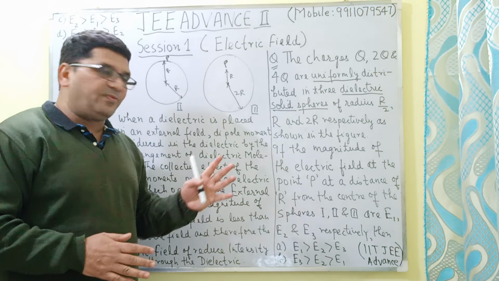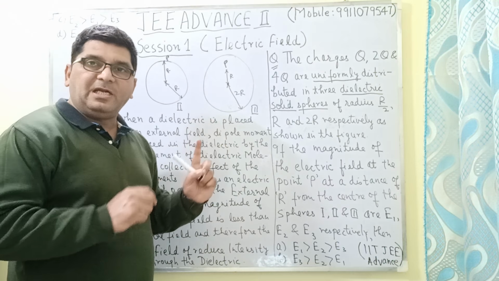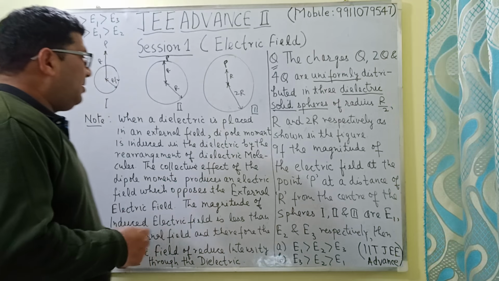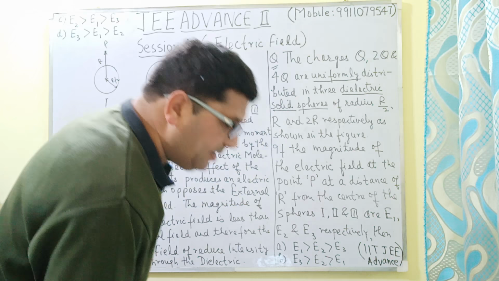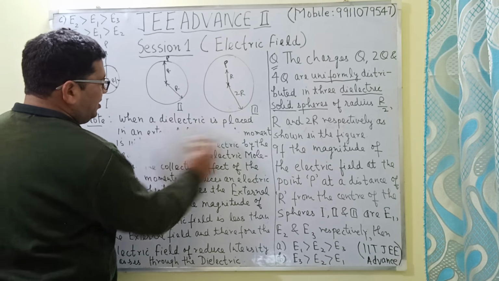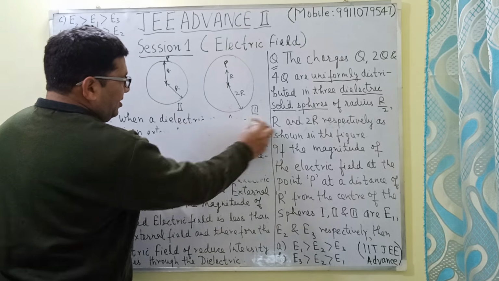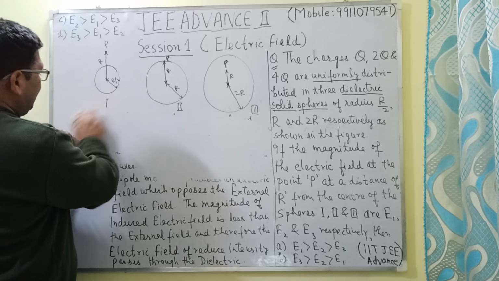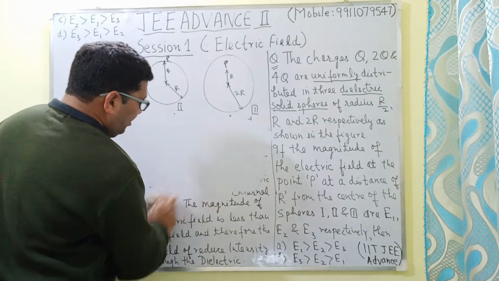As a result, the electric field lines are not able to cross the conductor. This was a brief explanation which I wanted to give you before proceeding with this question.